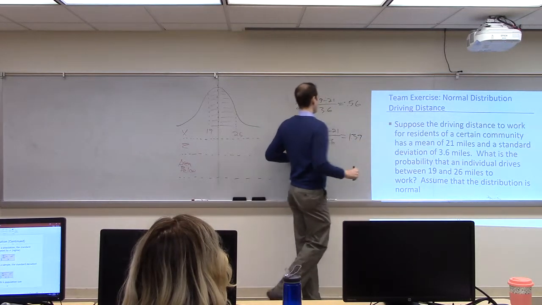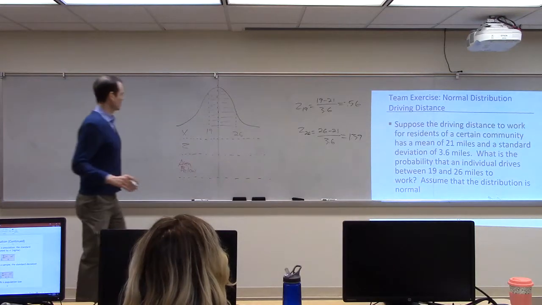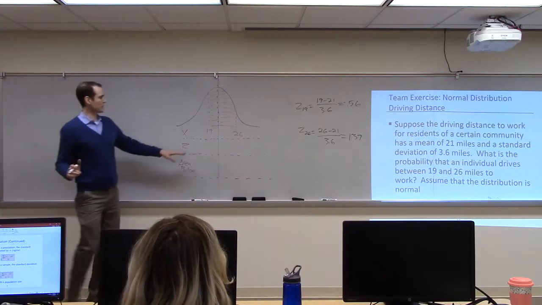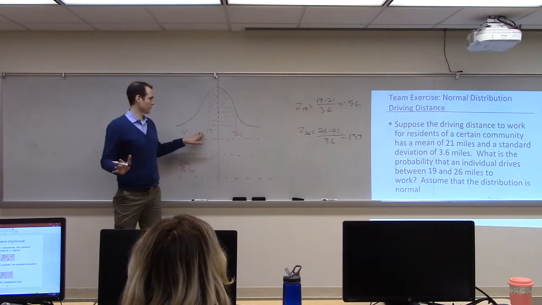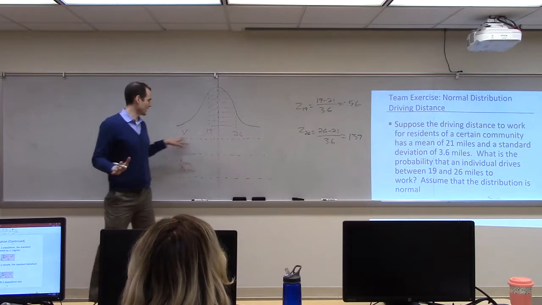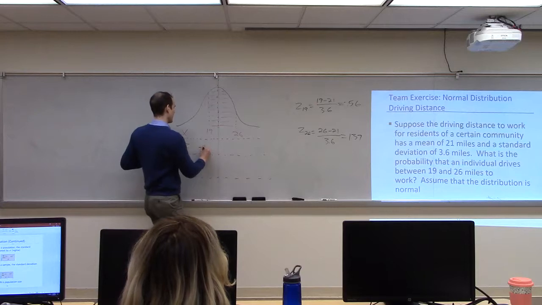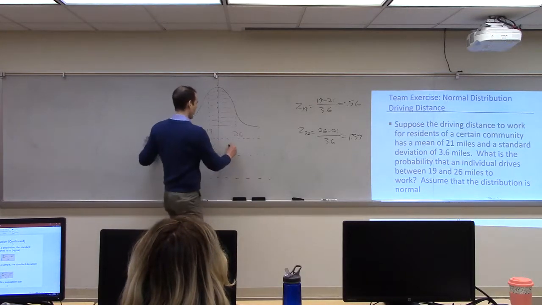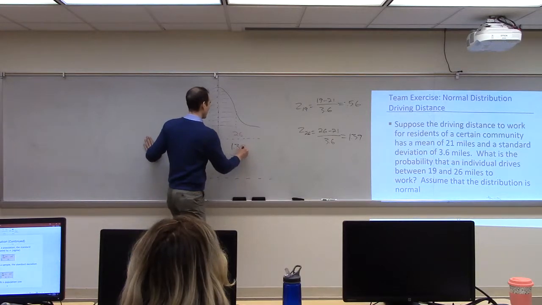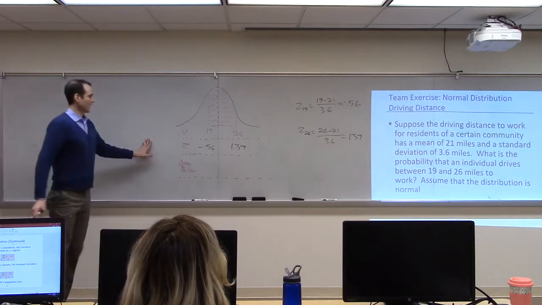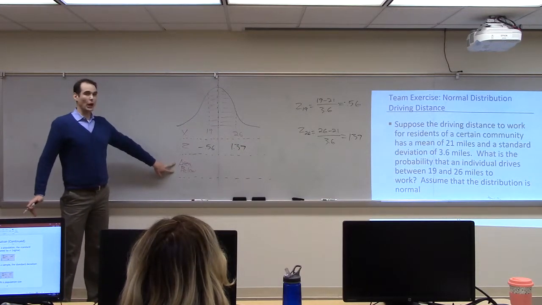Alright, what I like to do is put all these numbers on a bell curve. We've got 19 and 26 as the actual numbers. Now we have z-scores, negative 0.56 for this one, and 1.39 for this one. And then how about the area below for each of them?